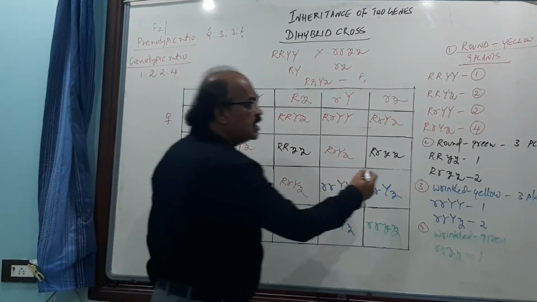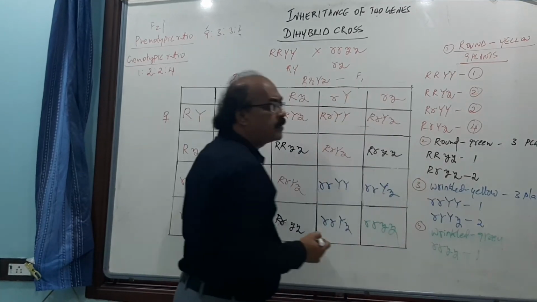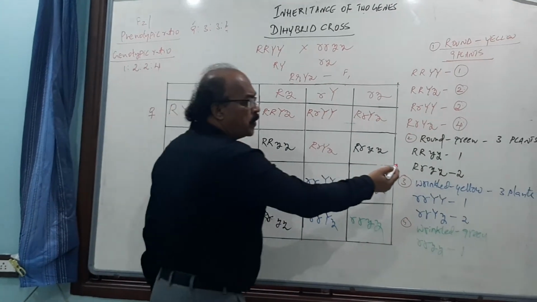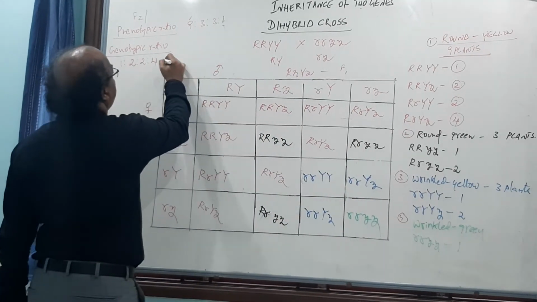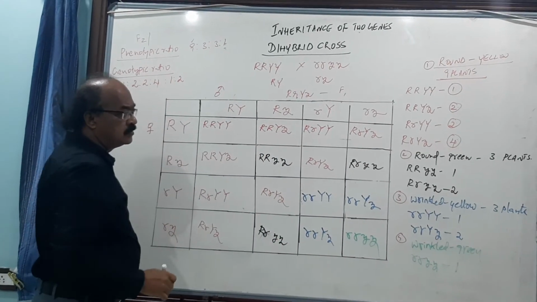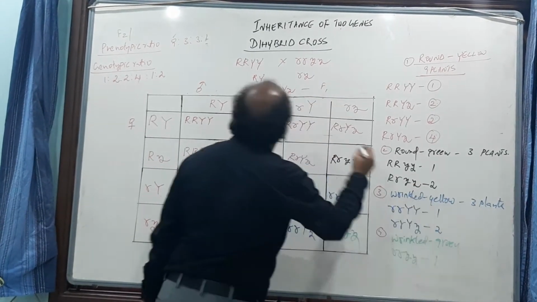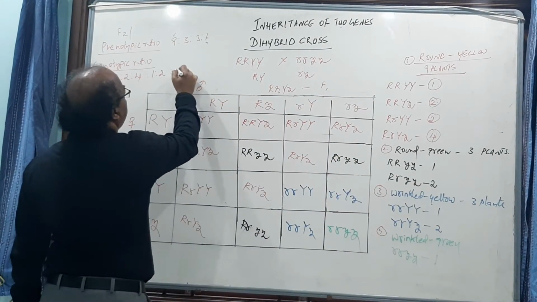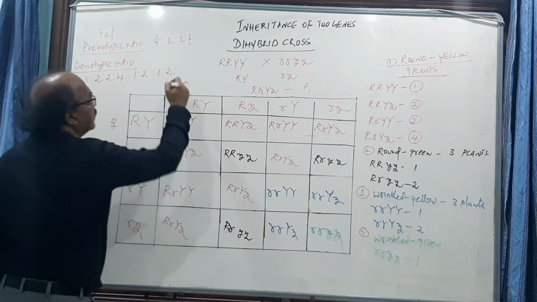In round and green, 1:2, with 1 plant with this genotype, capital R, small y, and 2 plants with capital R, small y. And the wrinkled and yellow also has 3 plants with 2 genotypes, 1:2. And this is only 1, wrinkled and green, 1.